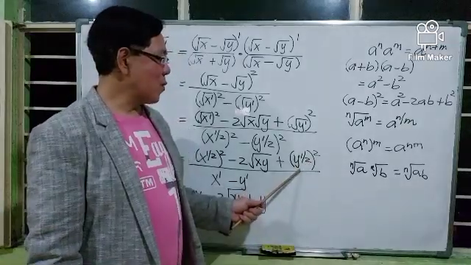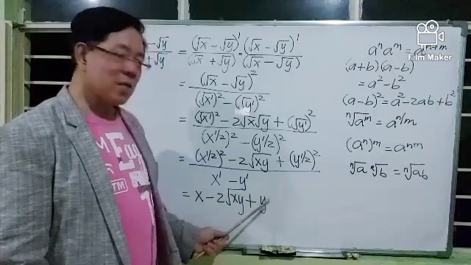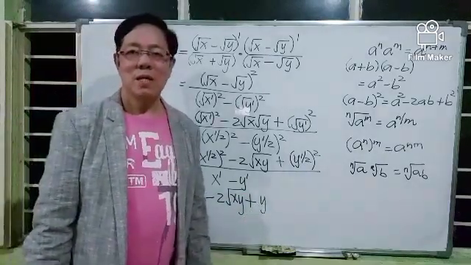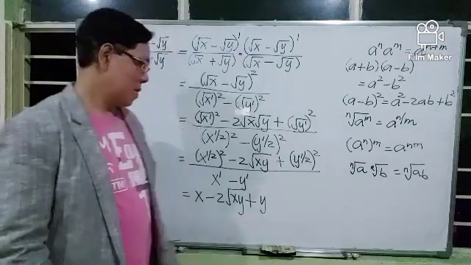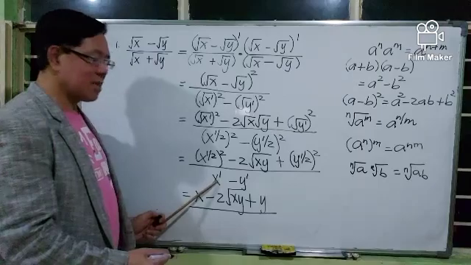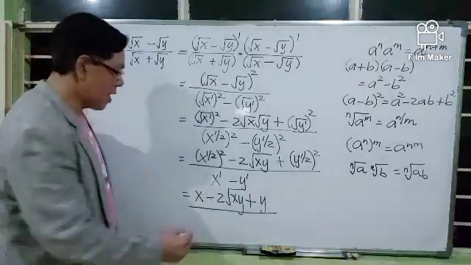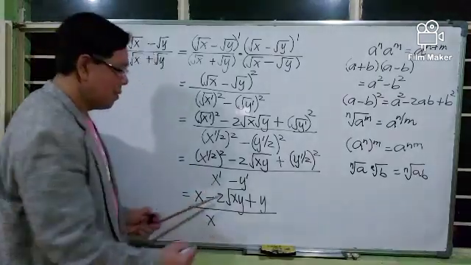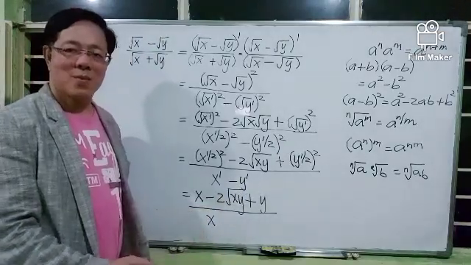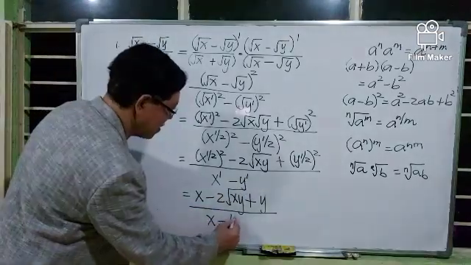Hence, the square of y raised to 1/2 is y raised to 1. But if the exponent is 1, we do not write 1 anymore. All over x raised to 1, we simply write x minus y raised to 1. We simply write y raised to 1 as y.